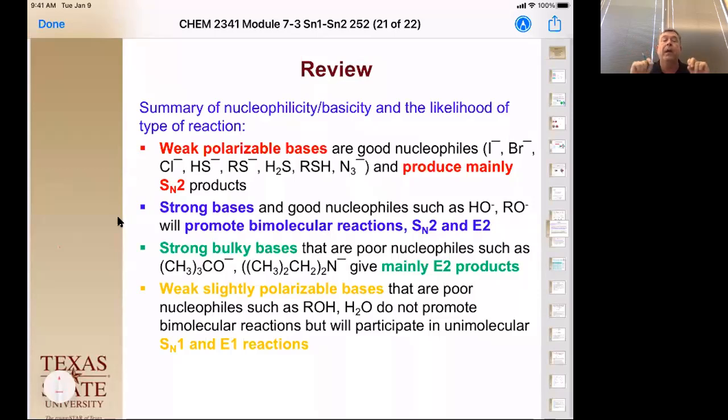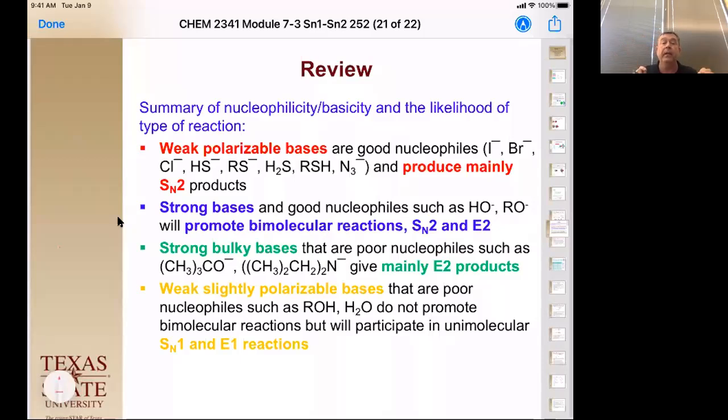Okay, when we have strong bases like alkoxide and hydroxide, that promotes our bimolecular reactions because they're strong and small, and we're going to get a competition between SN2 and E2. It's acting as a nucleophile and it's acting as a base. Therefore, you're going to get both products. So whenever you see a hydroxide or an alkoxide in a reaction, you want to draw two products, okay?